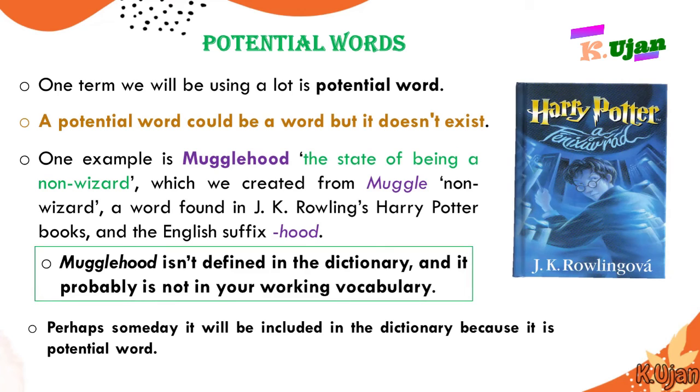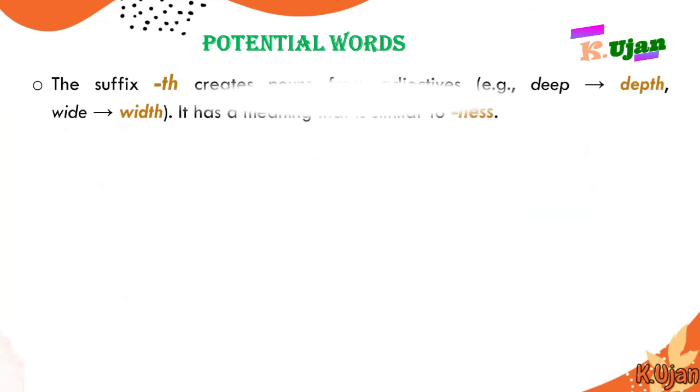Muggle-hood is actually a potential word because, today, because of J.K. Rowling's book Harry Potter and its movies, people have been frequently using this word. The suffix -th we have already talked about creates nouns from adjectives, for example deep, depth, wide, width.